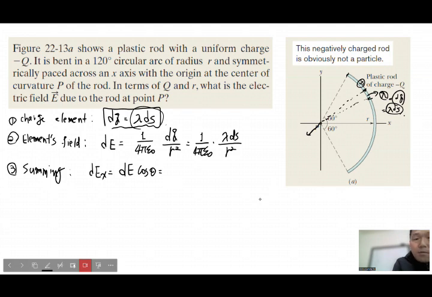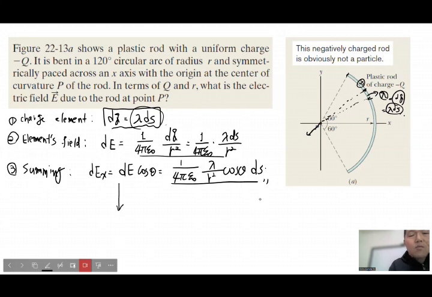From the previous equation, that is 1 over 4 pi epsilon naught, lambda over r squared, cosine theta ds. Next, replace ds with the angle. As you know, the arc length is radius times theta, so s and theta are both variables.